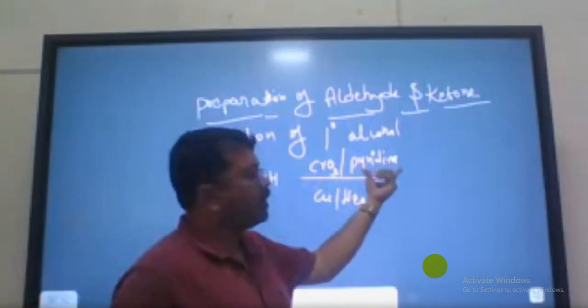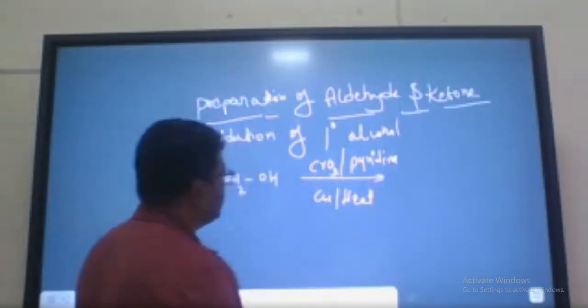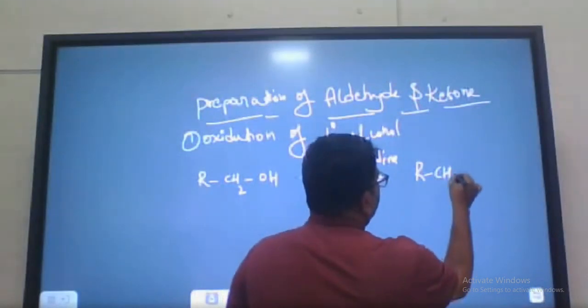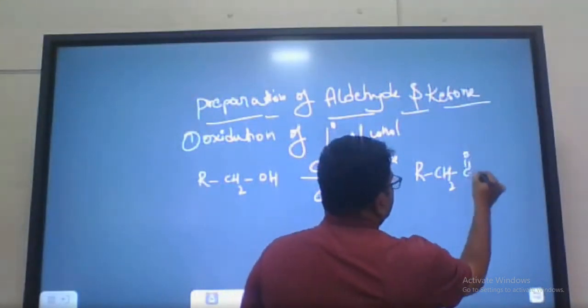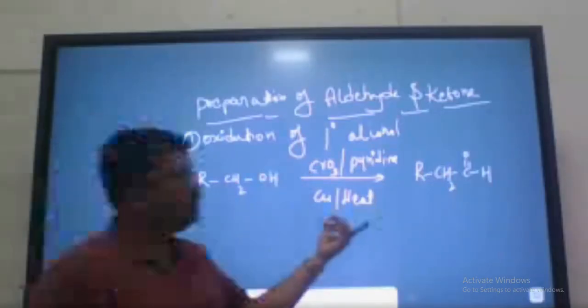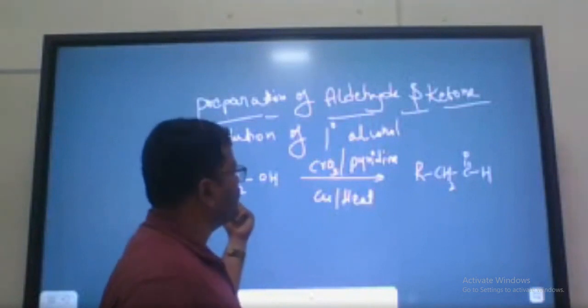Chromium trioxide with pyridine, or copper and heat, gives particularly aldehyde. It is called oxidation, as one hydrogen is removed.